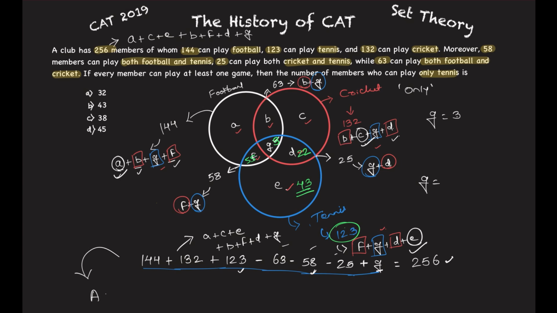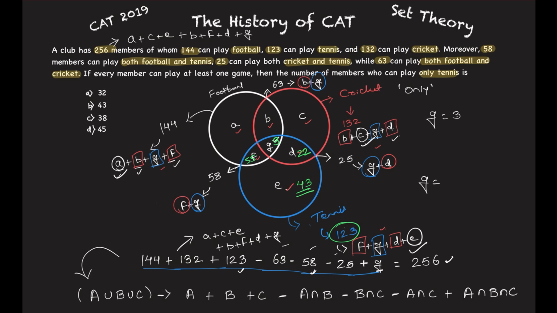See, the formula says this: A union B union C. You will see many teachers giving you the solution by this, which is equal to A plus B plus C, minus A intersection B, minus B intersection C, minus A intersection C, plus A intersection B intersection C.